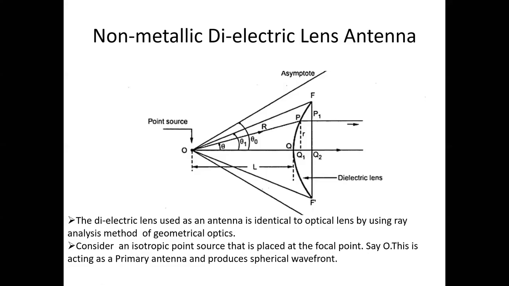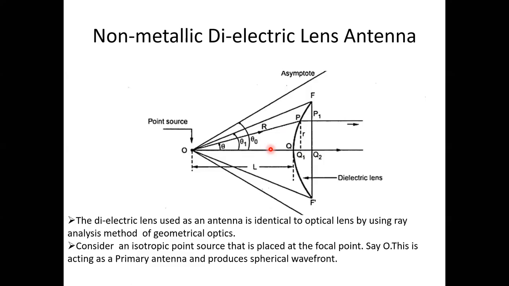We can also make out that OP will be equal to OQ1. So we have to find this distance. If you consider here, OP is equal to R. We are also considering electrical path length.